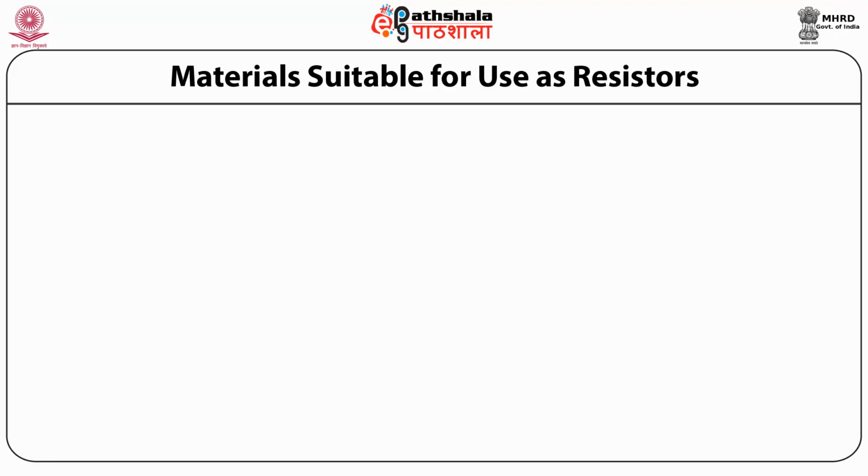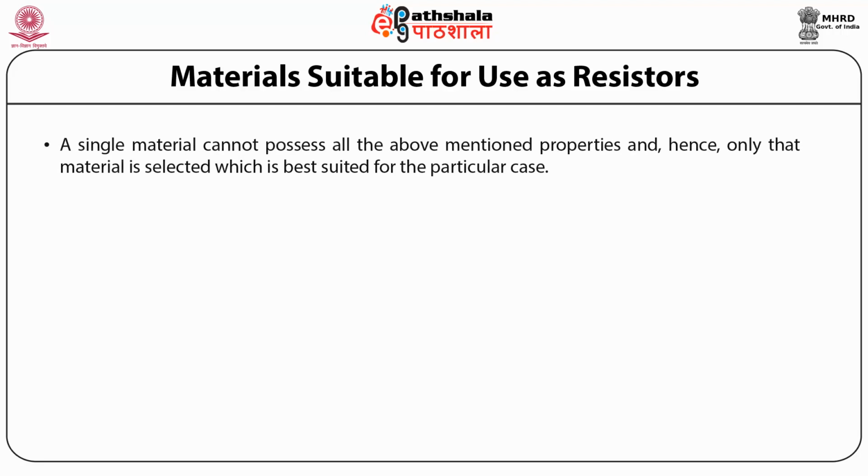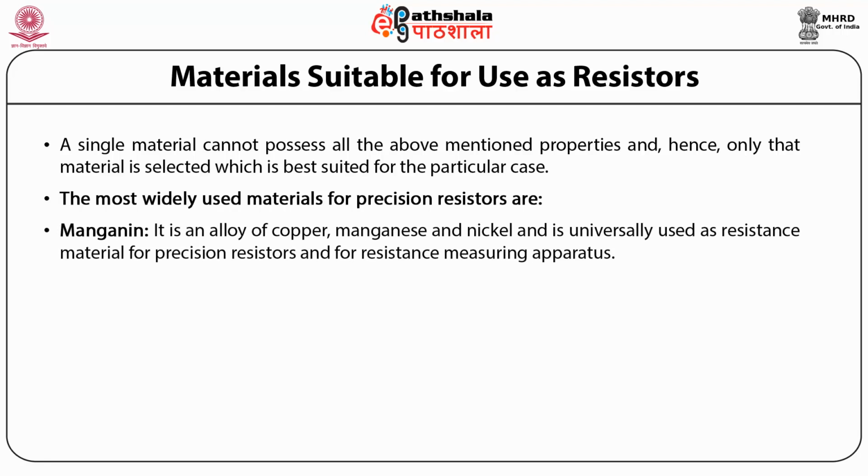Now let us see what are the materials which can be suitable for use as resistors. A single material cannot possess all the above mentioned properties, and hence only that material is selected which is best suited for the particular case. The most widely used materials for precision resistors are: first, manganin.